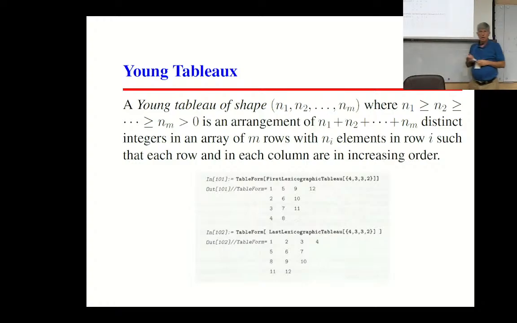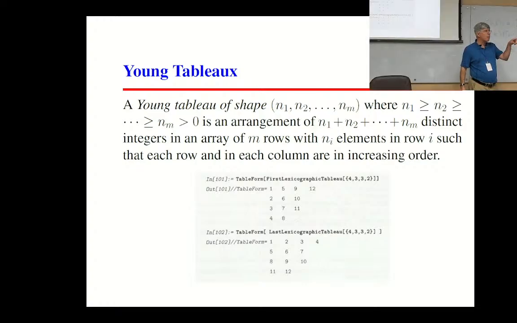So what is a Young tableau? It is a table of n numbers where the shape is given by an integer partition, and the numbers have the property that every row and column is sorted. Okay, so these are kind of strange looking, interesting objects. Any questions about that?